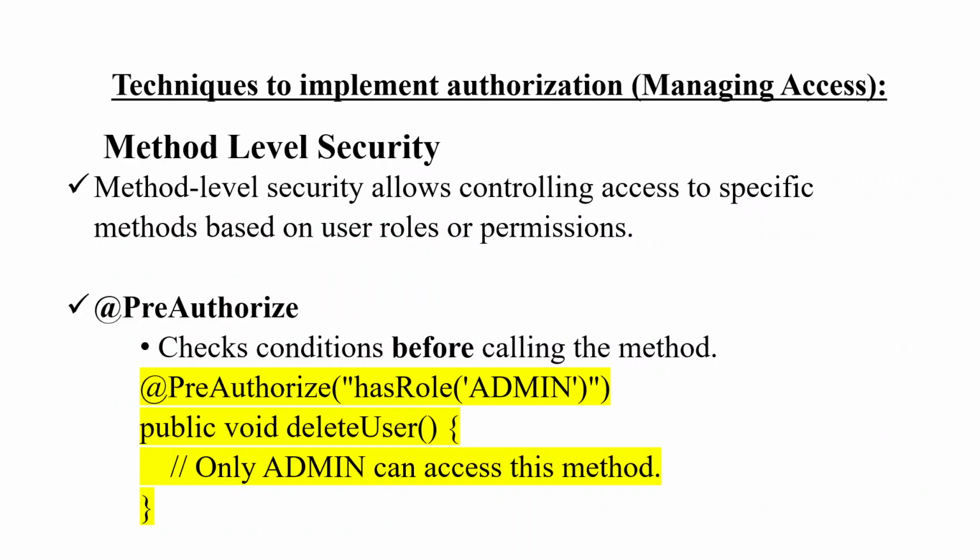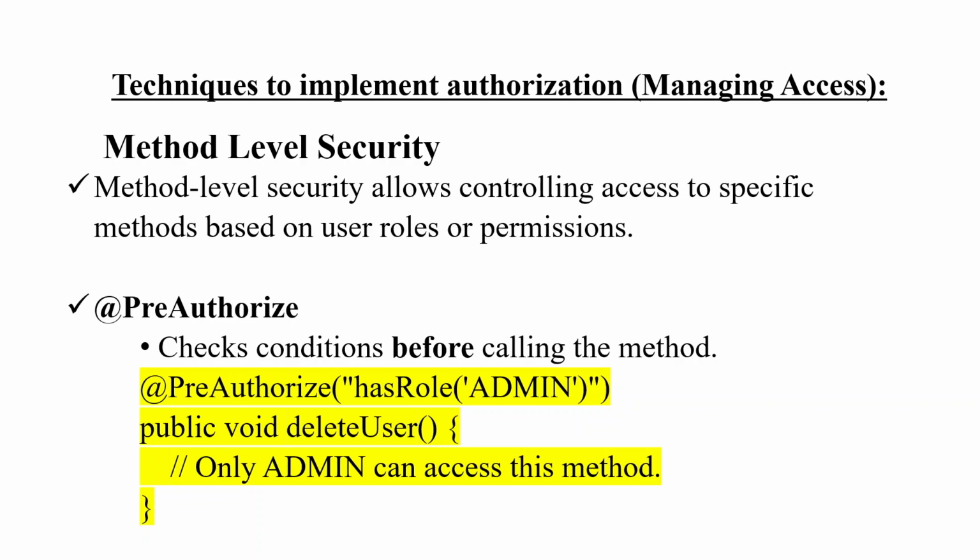Now, let us go to techniques to implement authorization or managing access. Remember, we are not just handling authentication, but both authentication and authorization. So we have various techniques to implement authorization. I'm going to discuss various ones, like method level security.